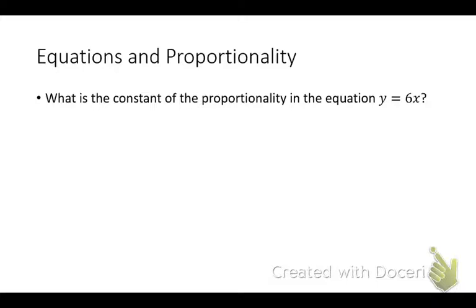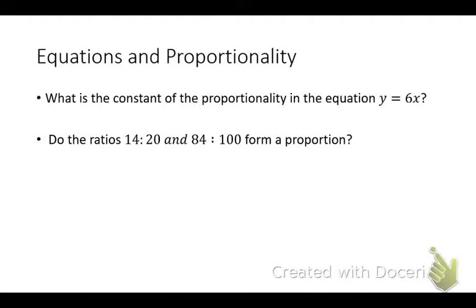Okay, so where do I find it? Okay, the constant of proportionality is my slope. It's always where m goes in the equation. That is the operation I need to do to x to get to my y value. It doesn't matter what value I plug in for x, I'm going to multiply it by 6 to get to y. Okay, all right, so 6 is my constant.